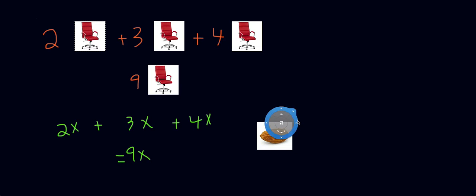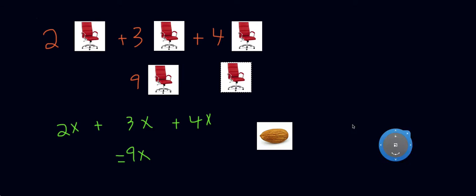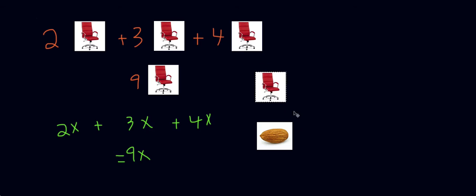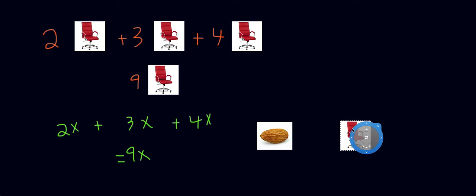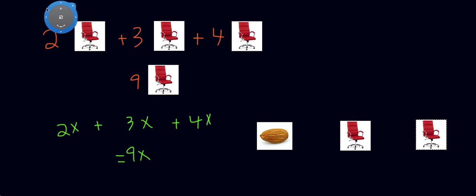So we move that right there. So we have one almond and some more office chairs. Move that here. All right. So now we have one almond plus 3 office chairs and plus 2 office chairs.